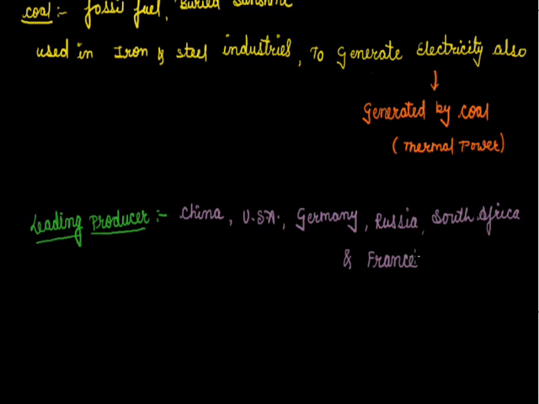And basically in India we can find coal mines in Raniganj, Dhanbad, Bokaro also.